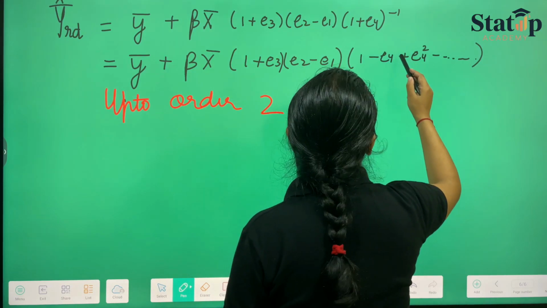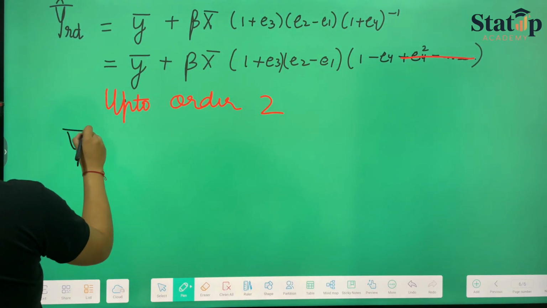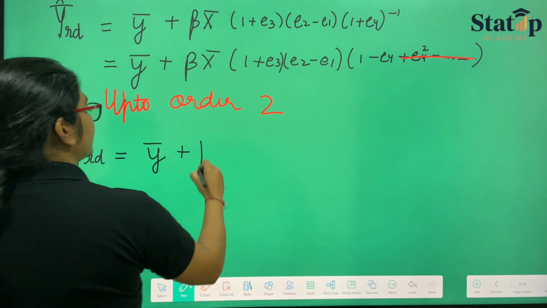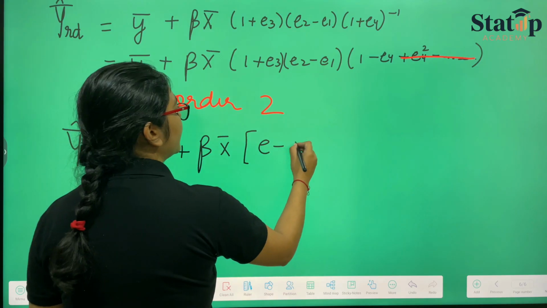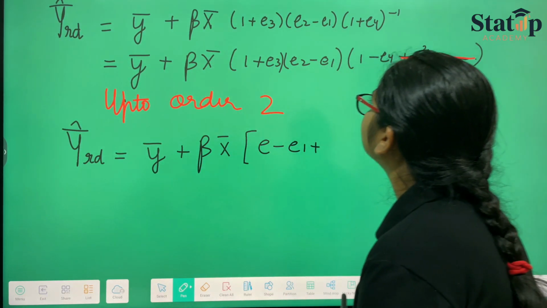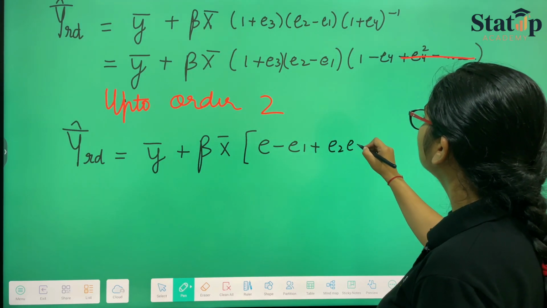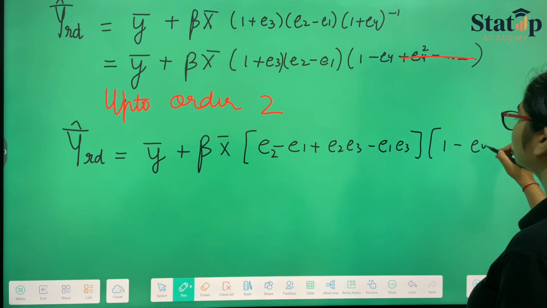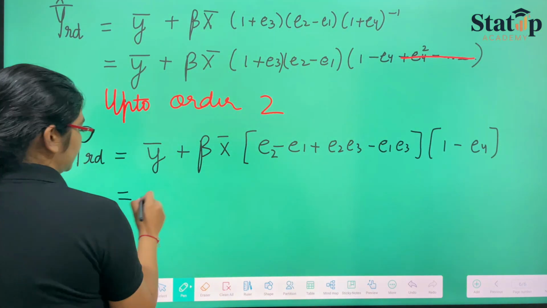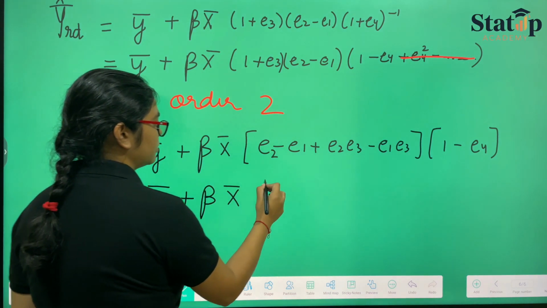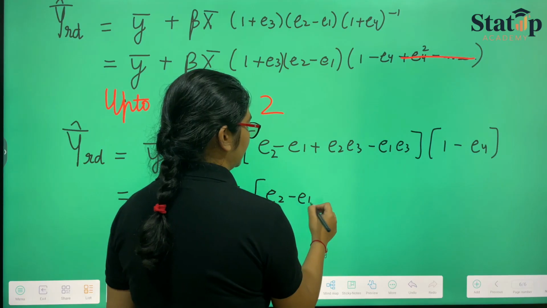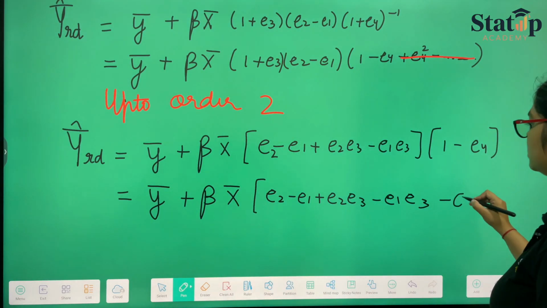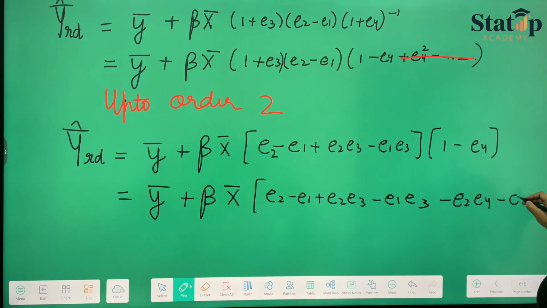So all of this will be cancelled. We'll be left with the mean of the regression estimator in double sampling as y bar plus beta x bar into (e2 minus e1 plus e2 e3 minus e1 e3) into (1 minus e4), which can further be written as y bar plus beta x bar (e2 minus e1 plus e2 e3 minus e1 e3 minus e2 e4 minus e1 e4).